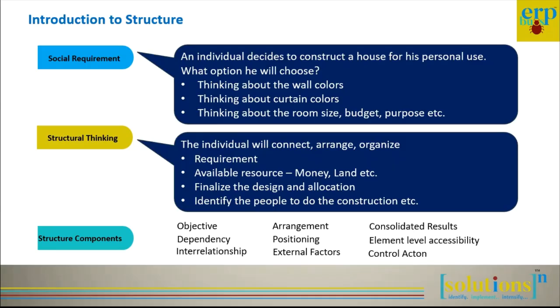I mean, what arrangements I have to do, what consolidated result I will get, whether I will be able to stay inside the house or not, what will be the after effect. So there are certain components which depend on the structure and which influence the decision of designing a structure. So one should have the design thinking, the structural thinking, and entrepreneur mindset to understand the enterprise structure.